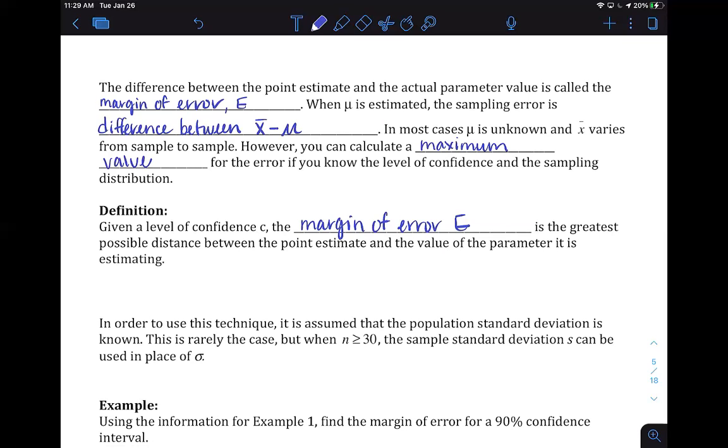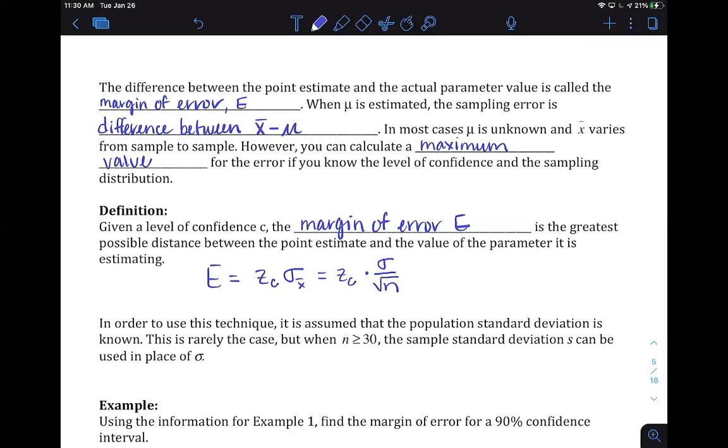Okay, our formula that we use, so capital E equals Z sub C, so our critical value, times that standard error of the mean, so sigma of X bar. Well, remember our standard error of the mean, we have a formula for that. So we can break this down further to be that critical value, Z sub C, times the population standard deviation divided by the square root of n.